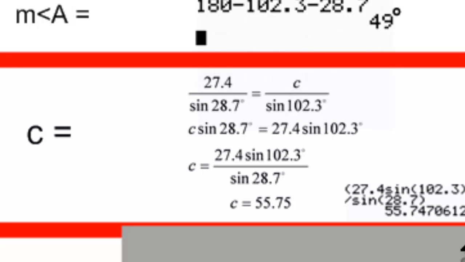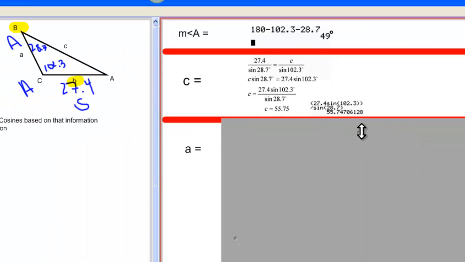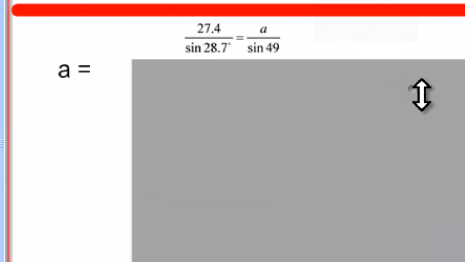Now, I can't use the Pythagorean theorem to find side a. This is not a right triangle. So again, for consistency's sake, I'm just going to use the B family. When I set this up, I did 27.4 over the sine of 28.7 degrees. Those values were already in my calculator. That was the method to my madness. But I could have also used the sine of 102.3 degrees and the 55.75 that I found.